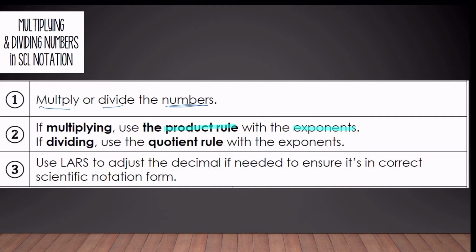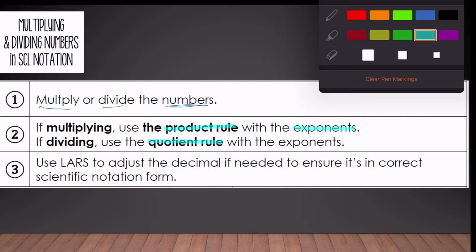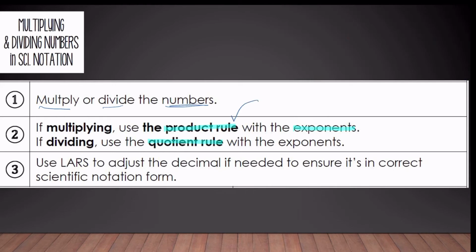If I'm dividing, I use my quotient rule. Let's remember something for a second. My product rule says I add exponents. My quotient rule says I subtract. And then we might have to do LARS in order to adjust and get it to scientific notation.